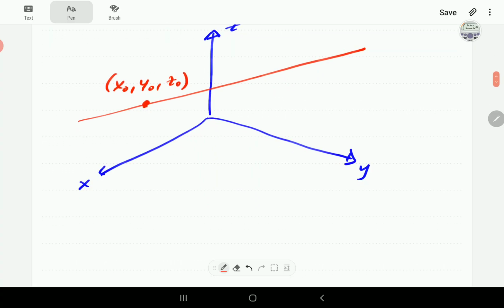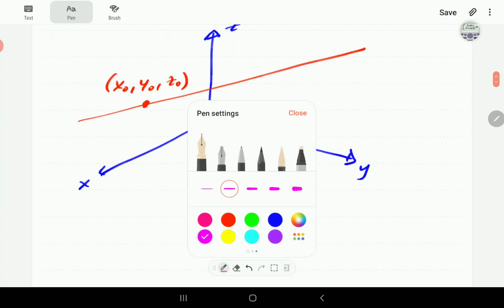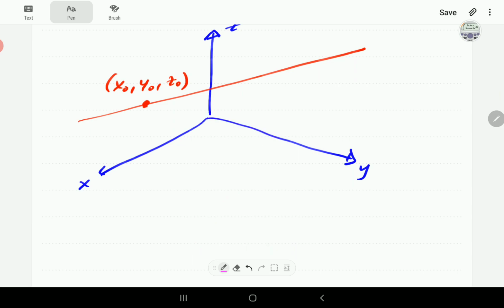The position vector of this point is going to be a vector with the same components in the respective positions. So r naught is going to be the vector x naught, y naught, z naught.